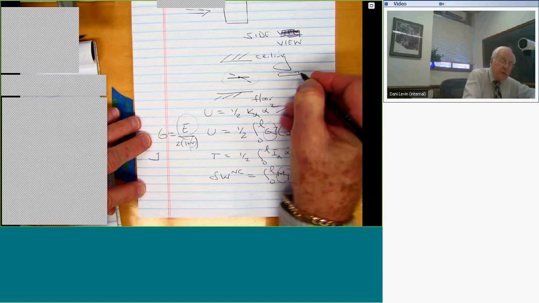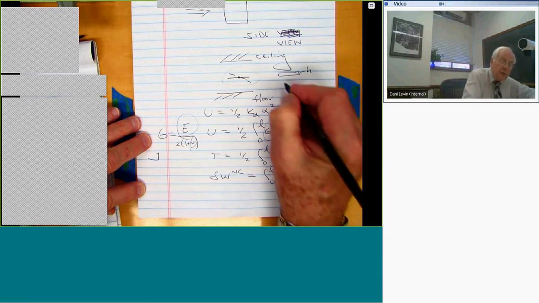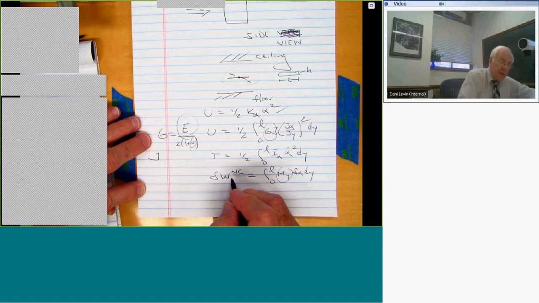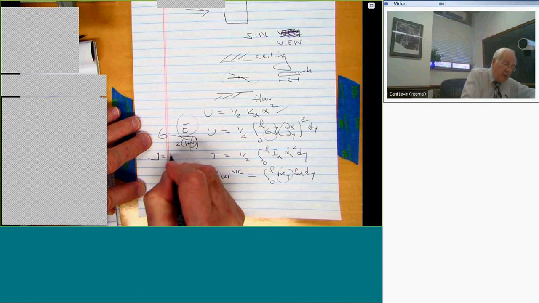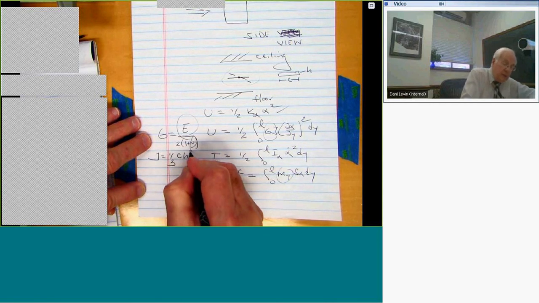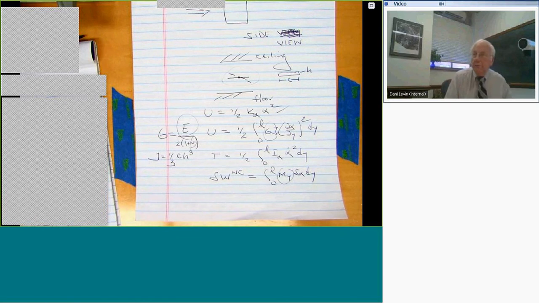It has a certain thickness, which I'll call H, and there's a certain chord, which I'll call C, right? Then J is 1/3 C H cubed. You knew that, right? If you don't know that, you can look it up in your strength of materials book. So ask your friend who's a structural engineer or something like that.